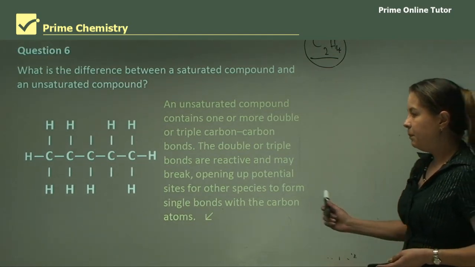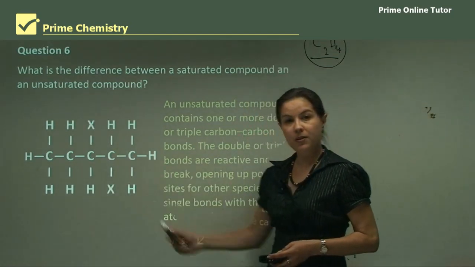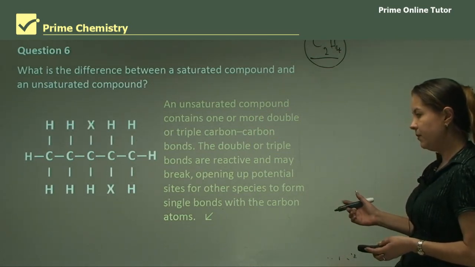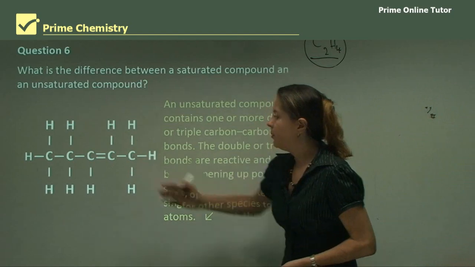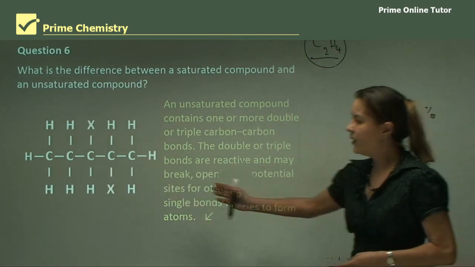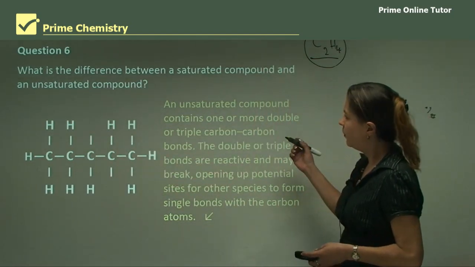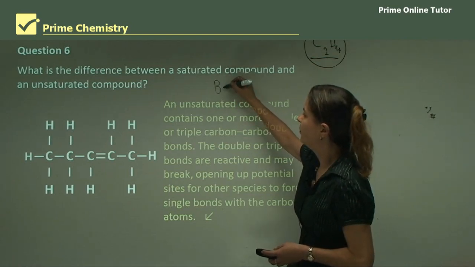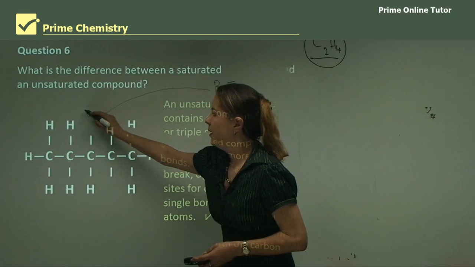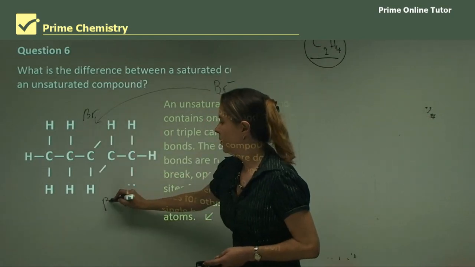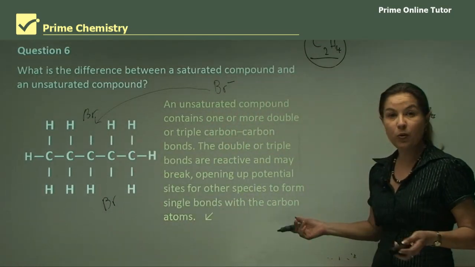So, because these double or triple bonds are so reactive, they can be broken and other atoms can come along and bind to them. For example, which we'll look at in the next topic, we can break this bond and bring along a bromine atom, for example, and that can go in there and become the X, and then we would have bromine atoms there that weren't there before.